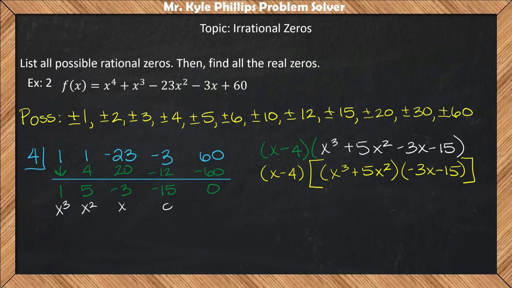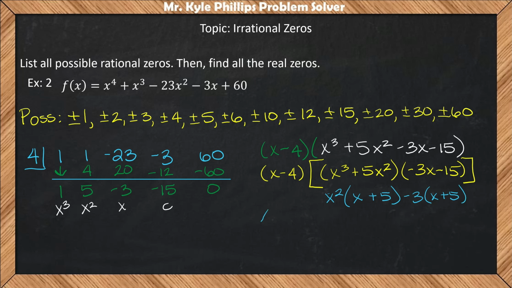So inside the brackets, in each of these binomials, I'm going to pull out the greatest common factor. So it looks to be an x squared here, which would leave me with x plus 5. And then I could factor out a negative 3, and that would leave me with x plus 5.